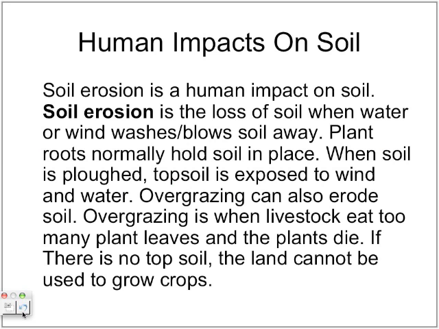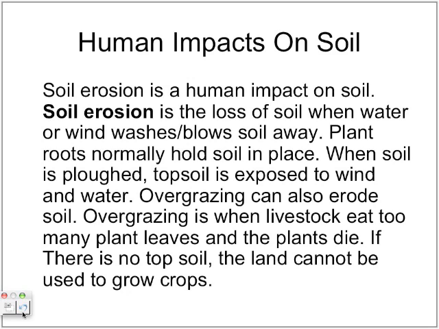Human impacts on soil. As humans, we live on the earth and we obviously have some sort of impact on the earth. Soil erosion is an example of a human impact on soil. It's the loss of soil when water or wind washes or blows soil away.